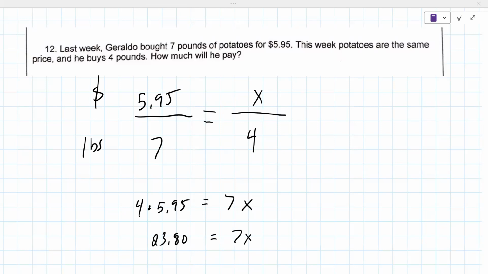It does work out perfectly, nicely, I guess. Because I got 3.4. That's correct. So he's going to pay $3.40. He should pay less, right? He's buying fewer pounds, he should pay less.